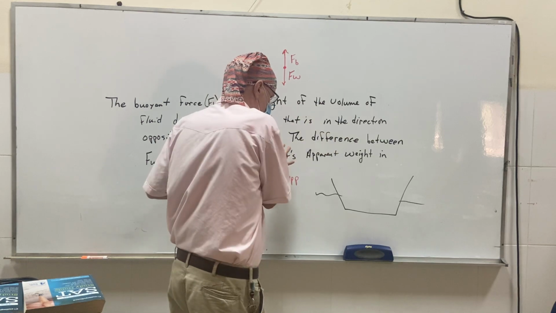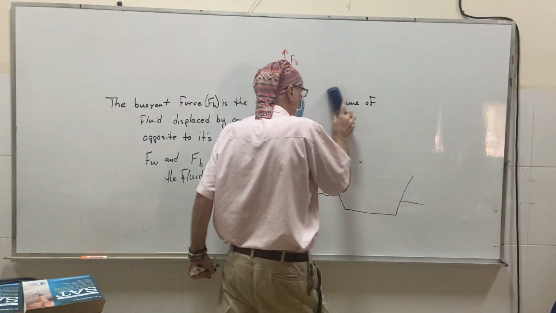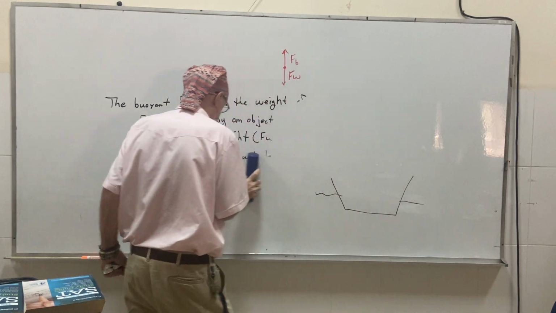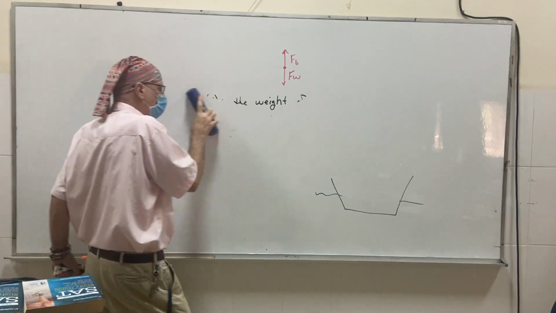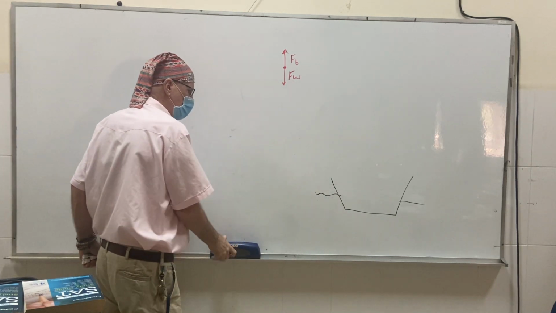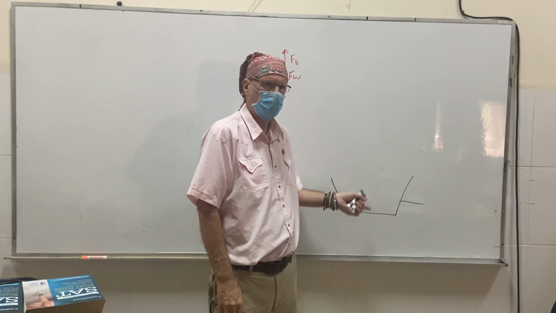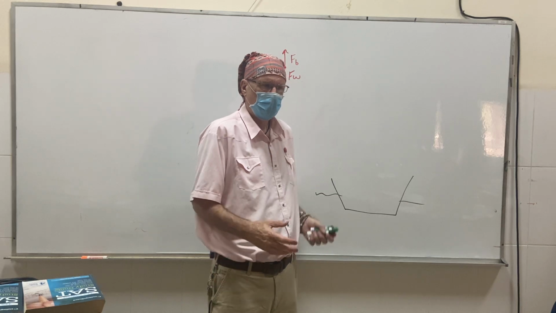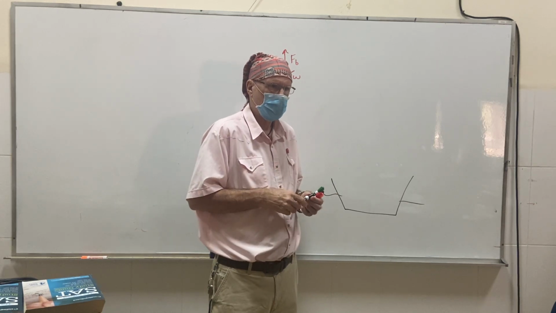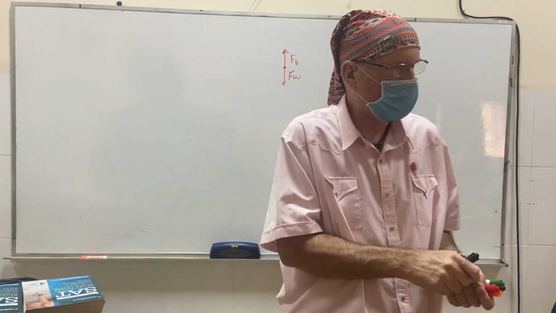Can I erase this? So if that battleship has no external force, no net force in the vertical direction, what can you say about the relationship between the buoyant force and its weight?